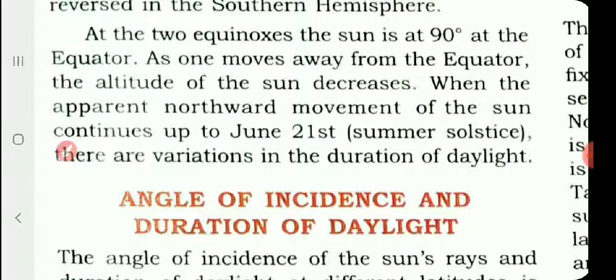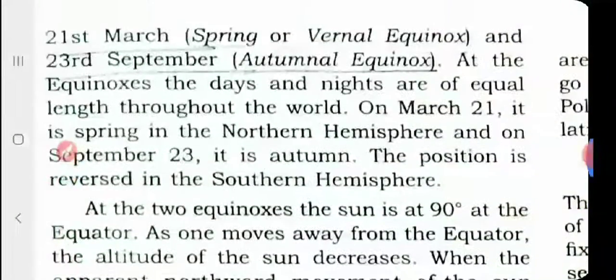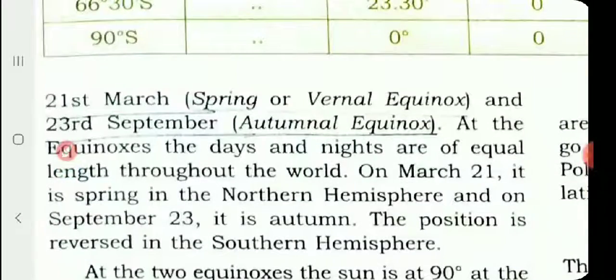So, read well, go through the difference between equinoxes and solstices, and please keep in mind the important days: June 21st, September 23rd, 21st March, and December 22. You should not forget these days. What is the importance of these days? What changes do these days bring?